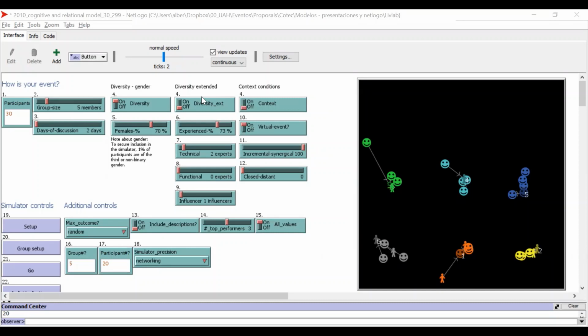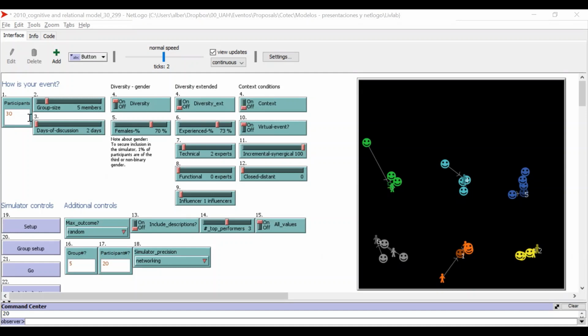With this clip, we are going to show how to select one group in particular to analyze it in LivLab Simulator. The first thing that we have to do, as always, is to set up a scenario.